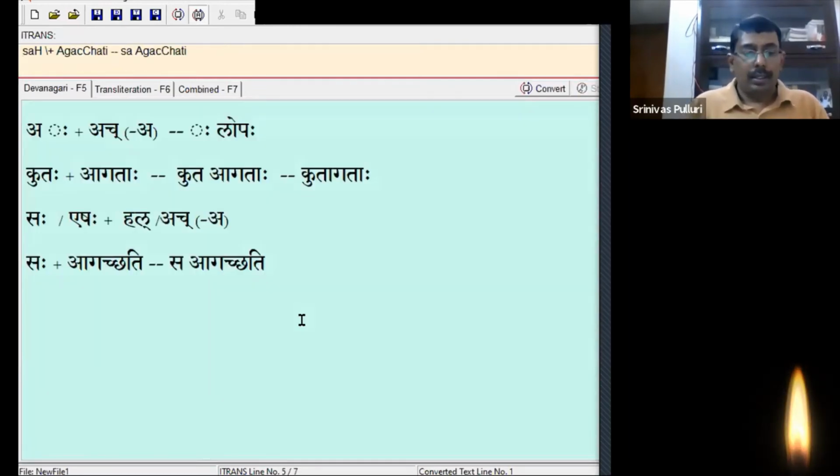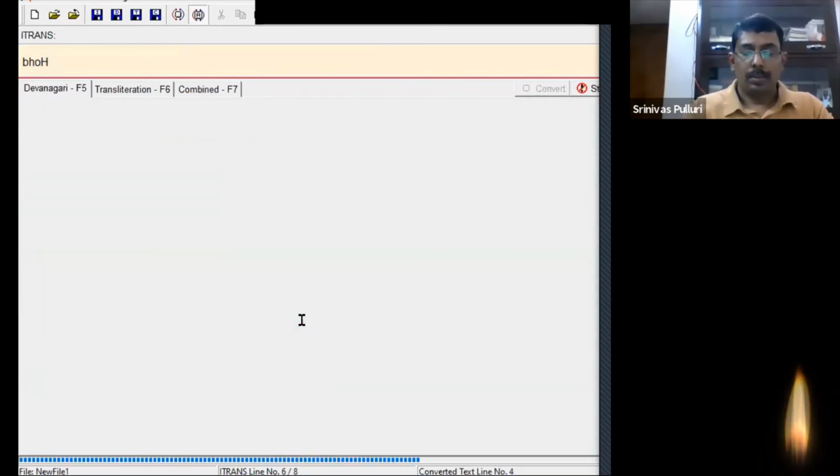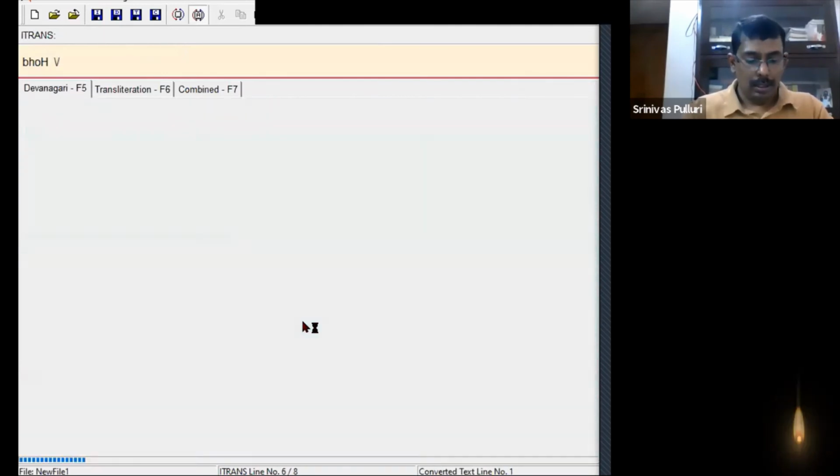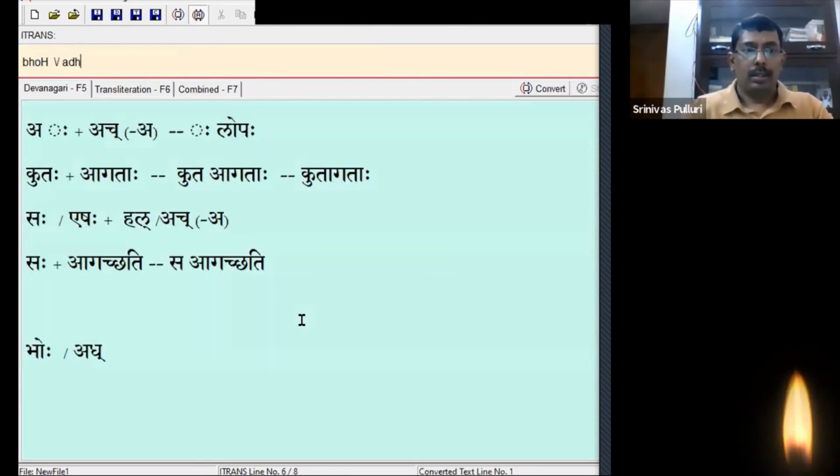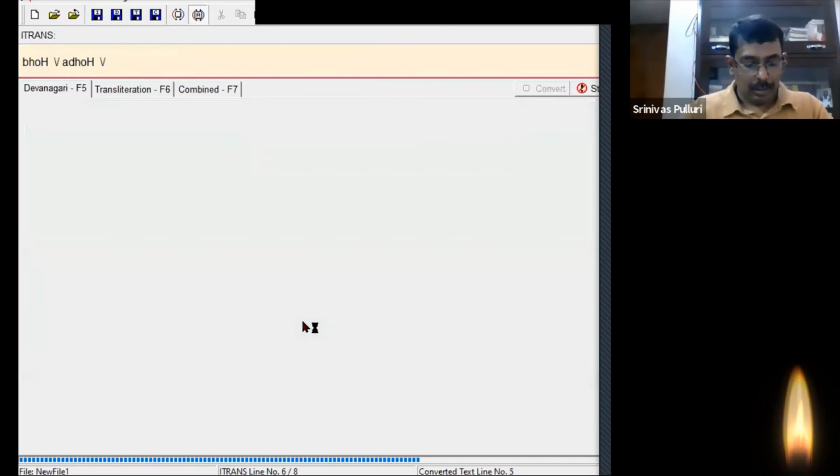Now let us see the last variation, then we'll conclude the class. The last variation is the words boho, bagoho or adoho, specific words. This is an exception, which very rarely comes to us. But still, I am going to show it. Bo, boho or adoho or bagoho.